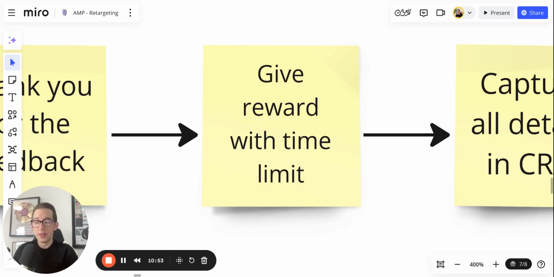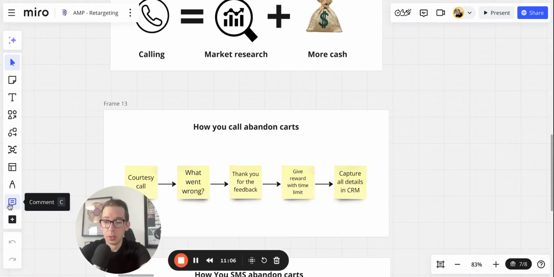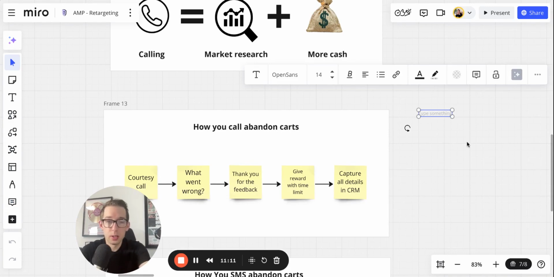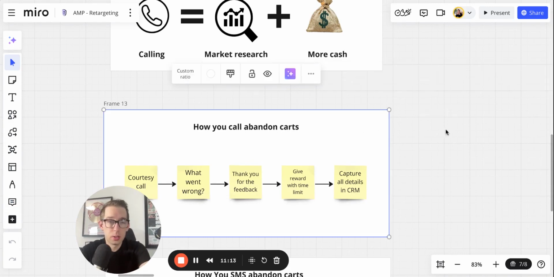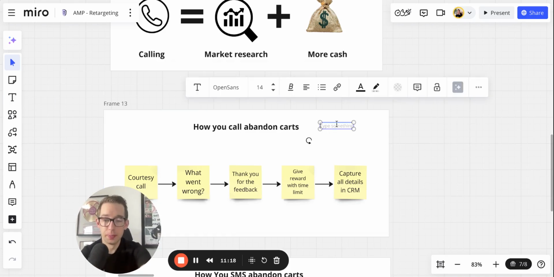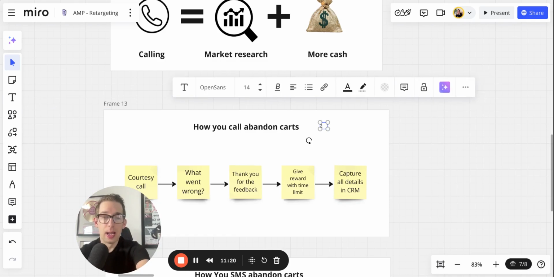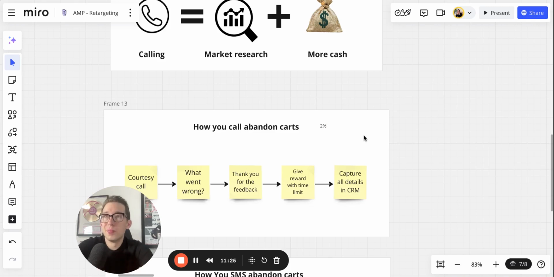So think of it like this. If you don't have an opt-in on your page right now, forget about the opt-in rate and just think about your sales conversion rate. Say your sales conversion rate is like 2%, and maybe your cost to acquire is like $100 right now.